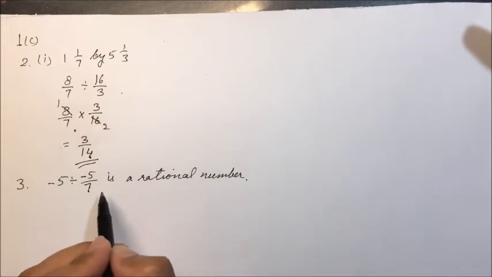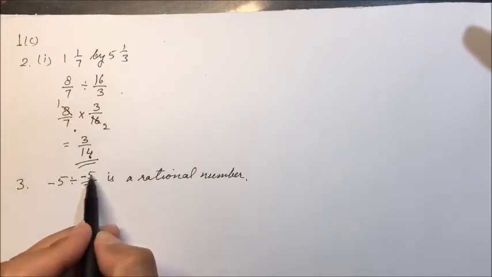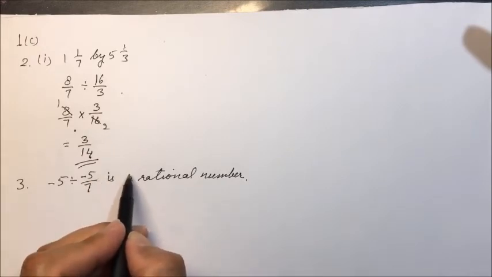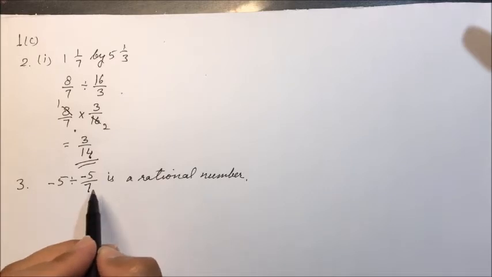And one more condition we have to satisfy, that it should be a non-zero rational number. So minus 5 upon 7 is non-zero as well. Numerator is not equal to 0. So it is a non-zero rational number.